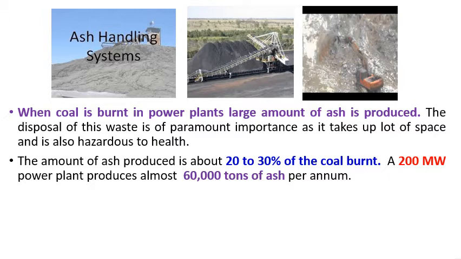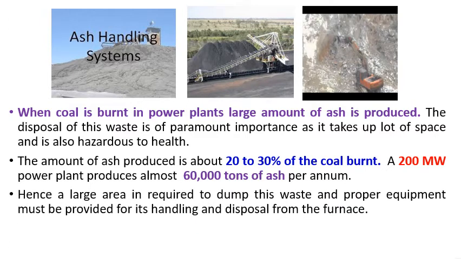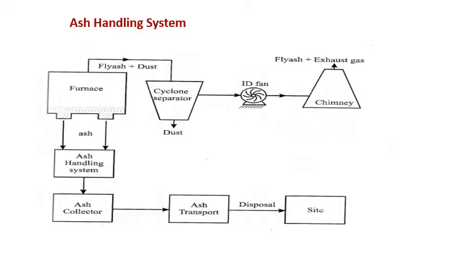A 200 megawatt plant produces around 60,000 tons of ash per annum. Hence a large area is required to dump this waste, and proper equipment is required. In the ash handling system we can see the fly ash. Fly ash is nothing but very fine particles of ash, and it has to be sent to the electrostatic precipitator, which we have already discussed in thermal power stations.